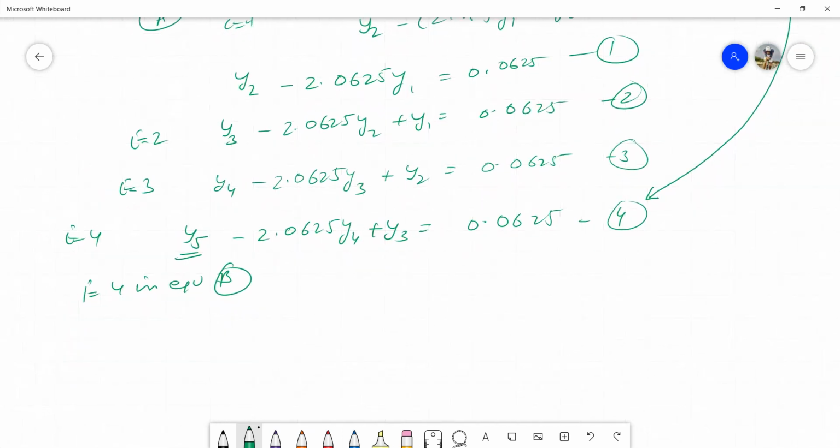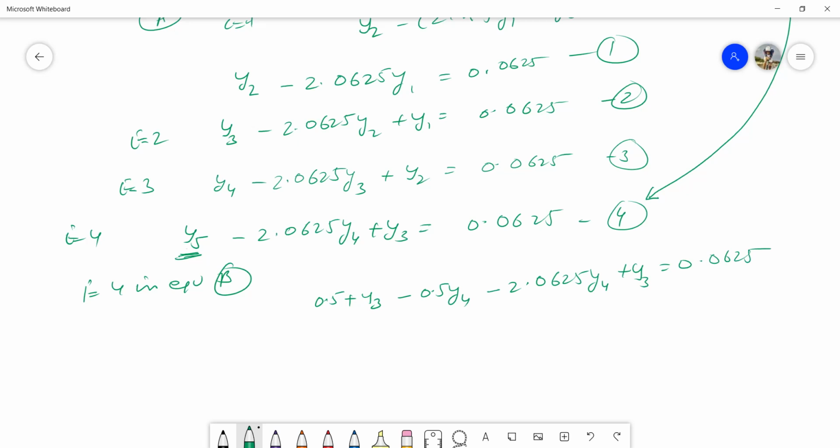So once we substitute over here, what we have finally is 0.5 plus y3 minus 0.5 y4, that is for y5, minus 2.0625 y4 plus y3.